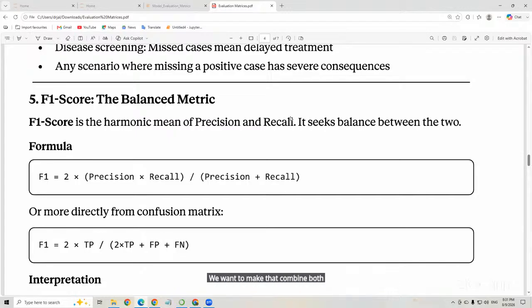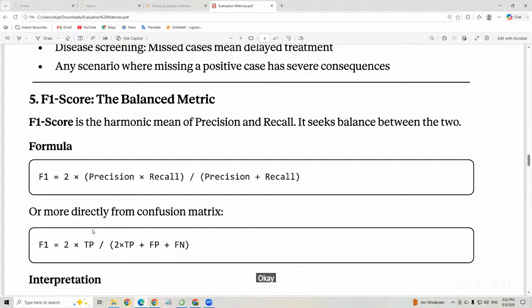So for that, we have the F1 score, which is the harmonic mean of precision and recall. You can see the formula: 2 multiplied by precision into recall upon precision plus recall. So this is the formula to calculate it.